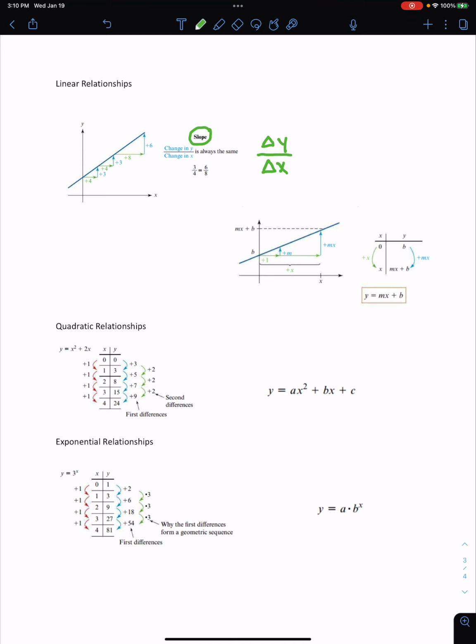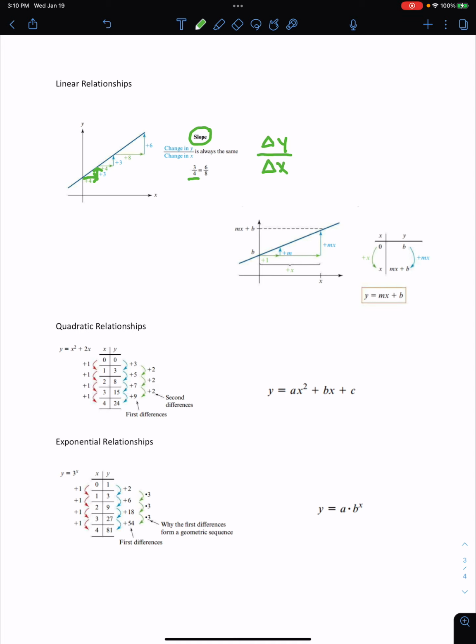So in this graph over here, we have a change in the y variable that is 3 units and a change in the x variable that is 4 units. So we represent that as the fraction 3 over 4, 3/4.